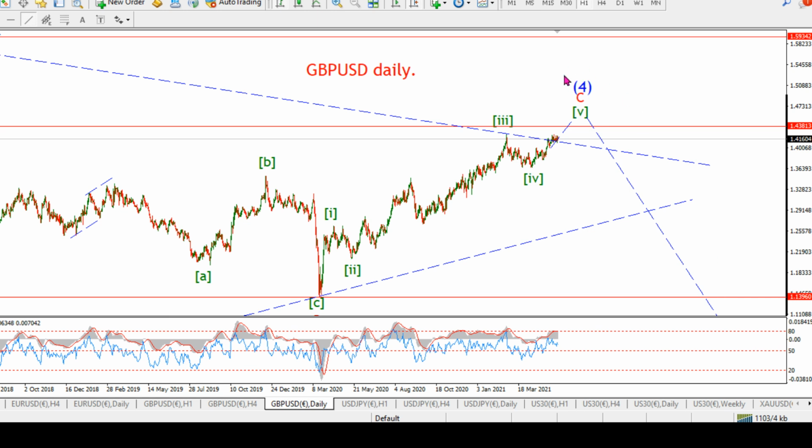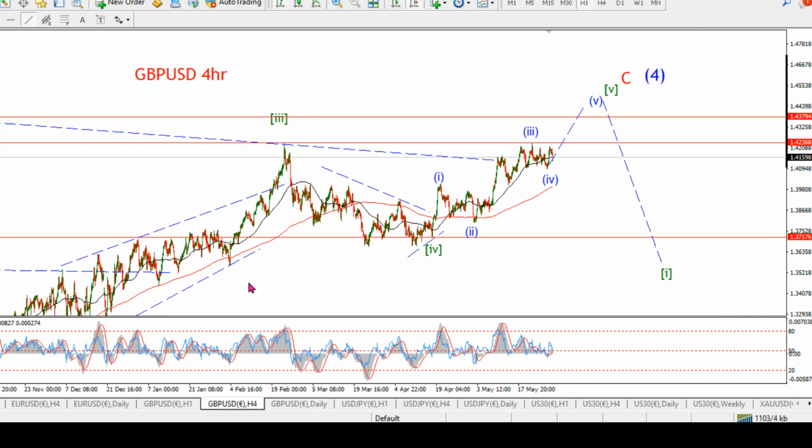So we've still got the top of wave 4 to look out for. Right at this point, it just doesn't seem viable anymore that this triangle idea was going to stay intact. It seems that we're heading straight for a flat and then right down again. The 4 hour count you can see right here.